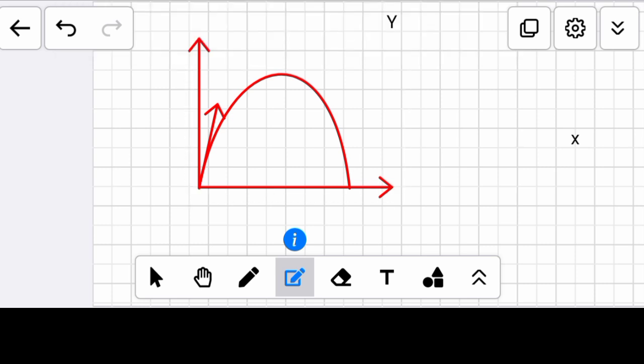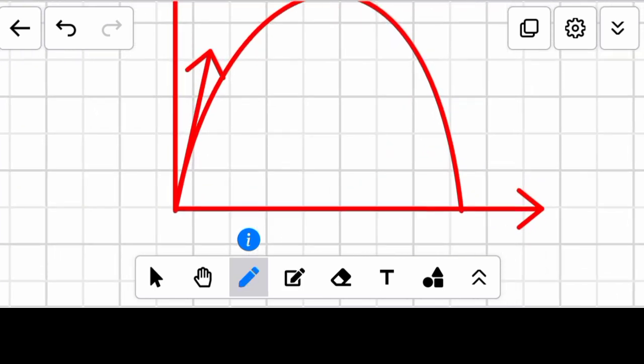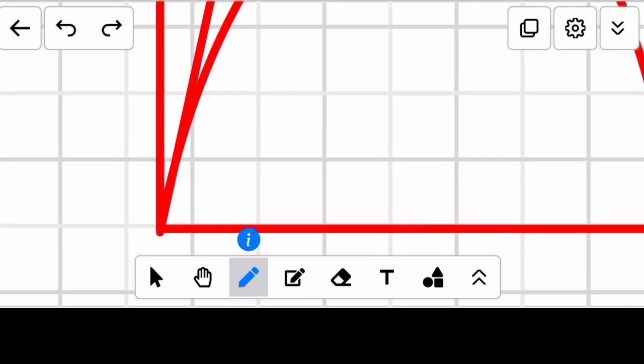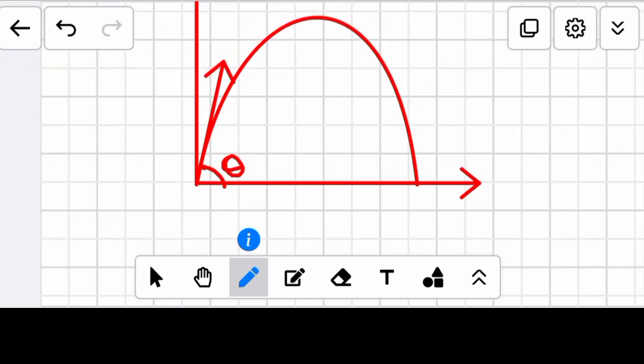So this is our expectation. Don't forget that the object will be launched at a particular angle. So let's say this is the angle theta. The projectile is launched at a particular angle, so let that angle be theta, as the case might be.